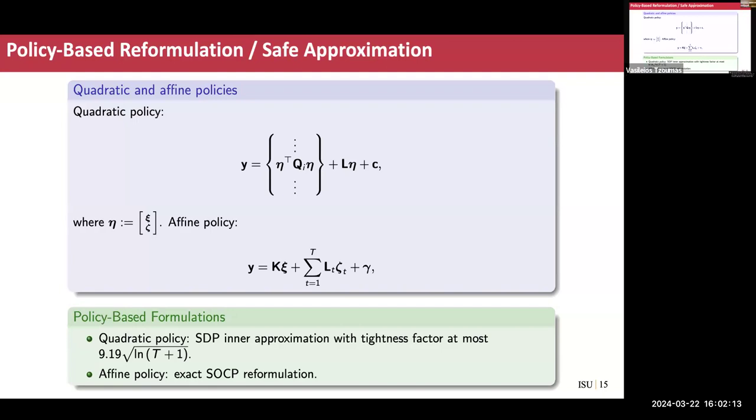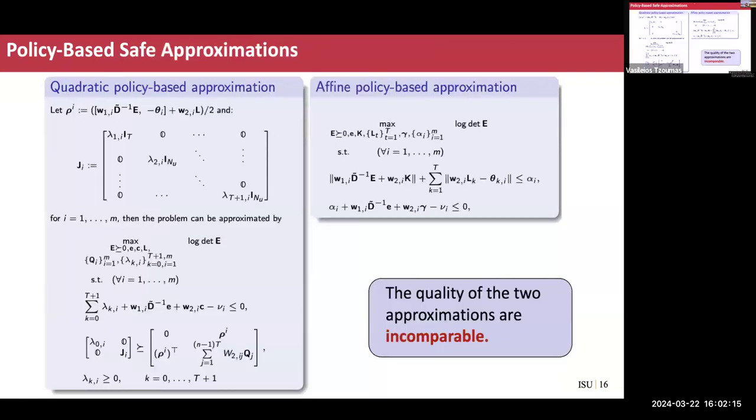Okay. So here are the two formulations. We can see with this quadratic policy-based approximation, we end up having this SDP problem. We have this maximum log determinant problem with some SDP constraints. This is the approximation. Whereas with this affine policy-based approximation, we have this exact SOCP formulation here.